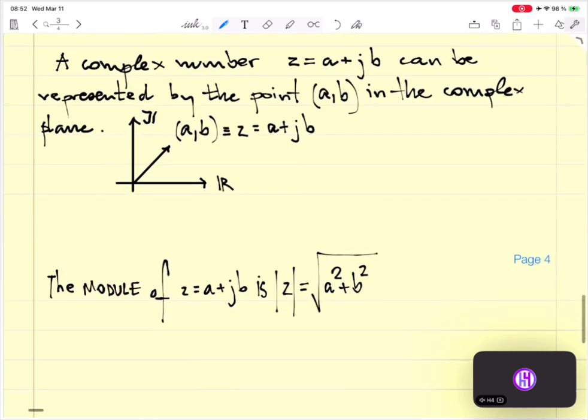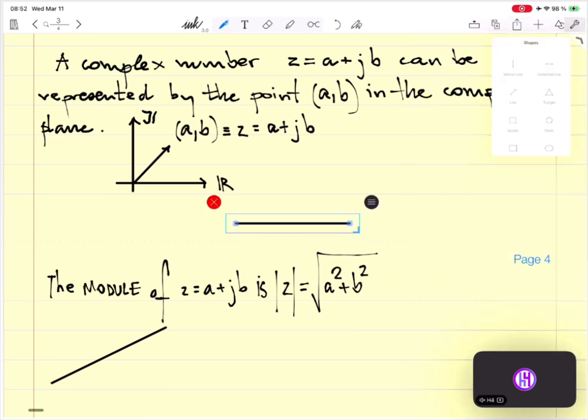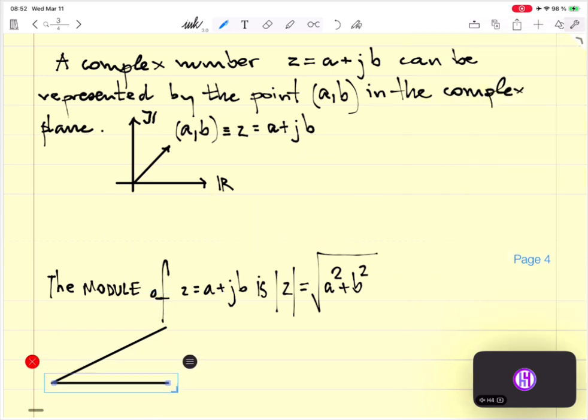You know Pythagoras? I mean, you have to know Pythagoras, otherwise I don't know what you're doing here. But in case you don't know Pythagoras, this is A, this is B, this is Z, okay?